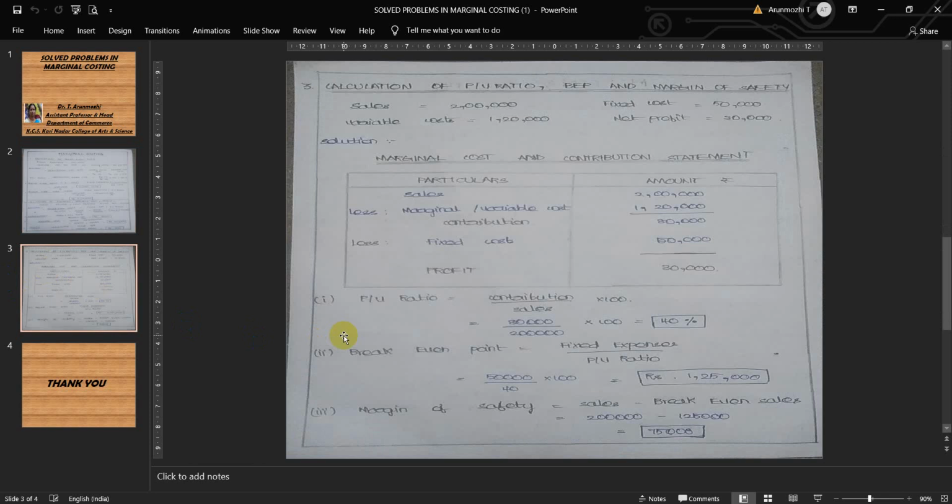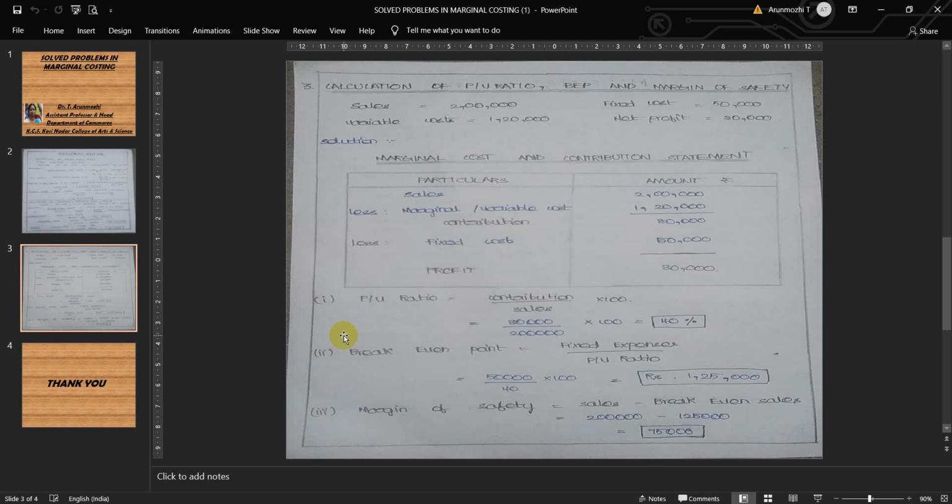Next we move on to a problem for computation of cost volume profit analysis, calculation of profit volume ratio, BEP and margin of safety, where sales is equal to 2 lakh, variable cost is 1,20,000, fixed cost is equal to 50,000, net profit is equal to 30,000.